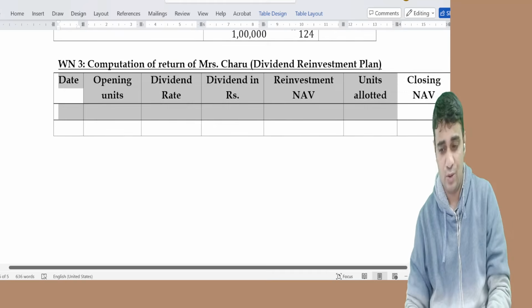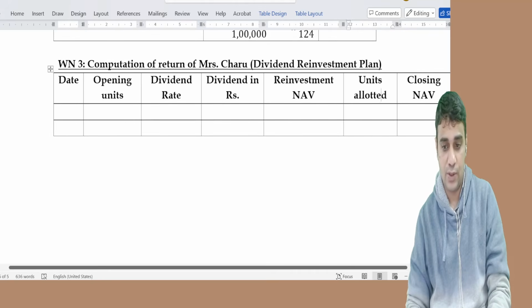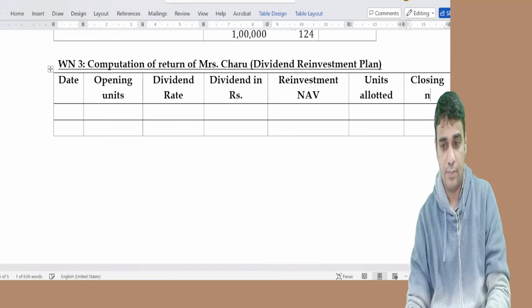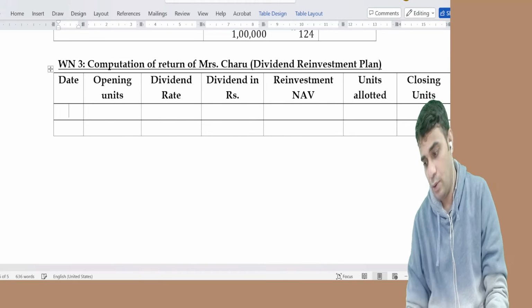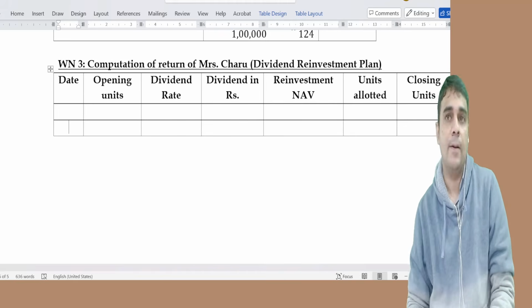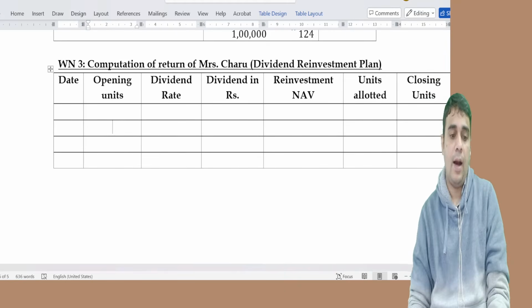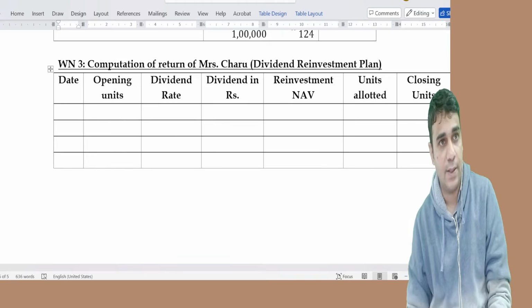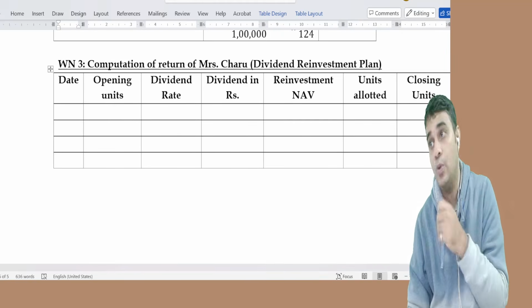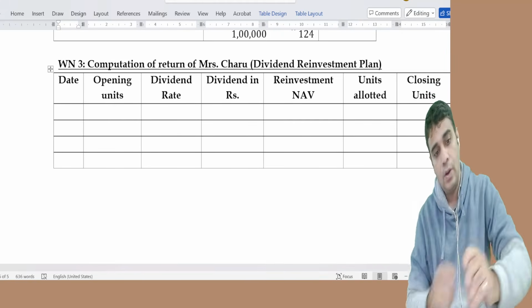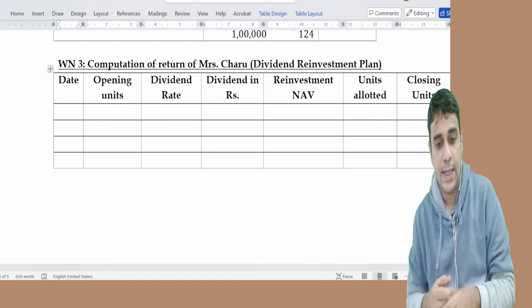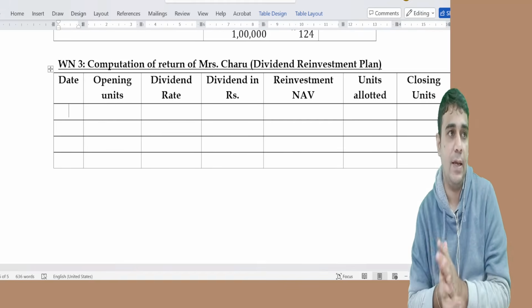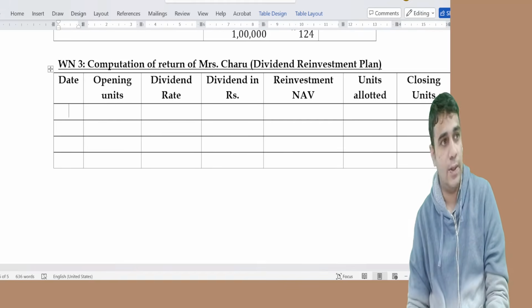Not closing NAV, sorry, the last column is closing units. At home, you will have to do the examples which are given below that concept. The same examples will be there. How to calculate units: date, opening, dividend rate, dividend in rupees, reinvestment NAV, units allotted, and closing units.